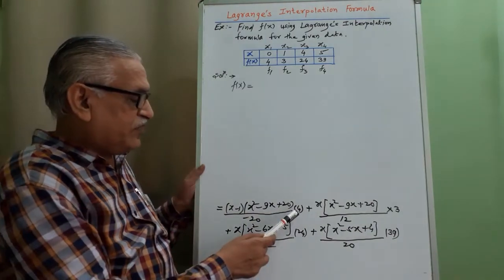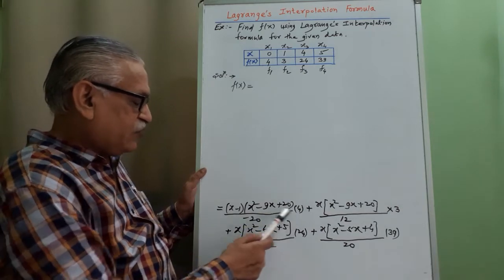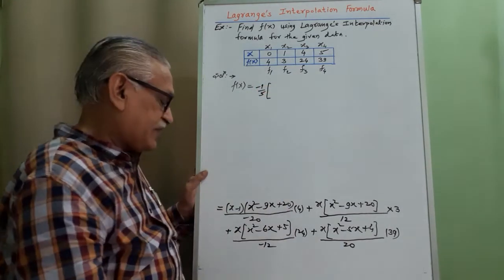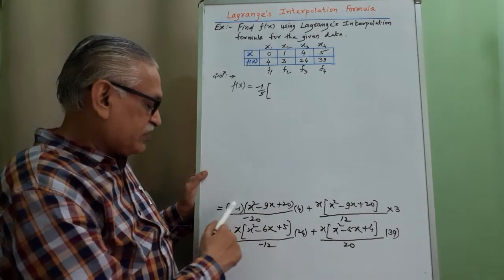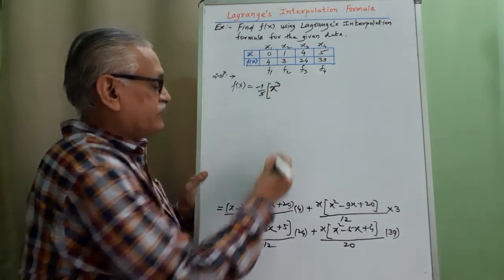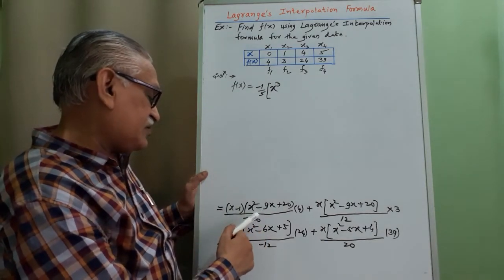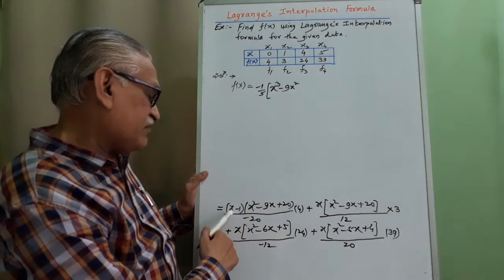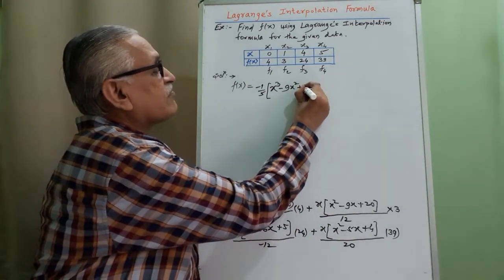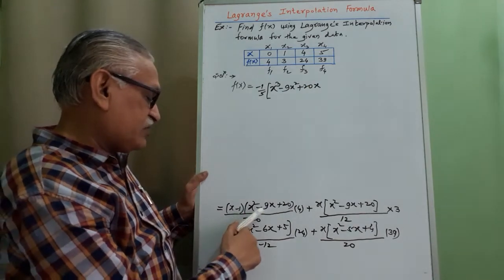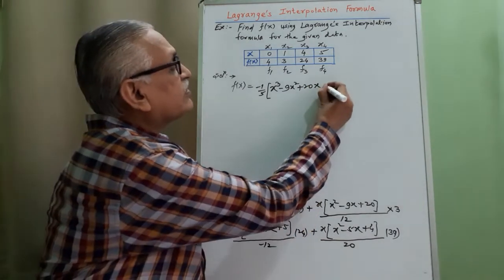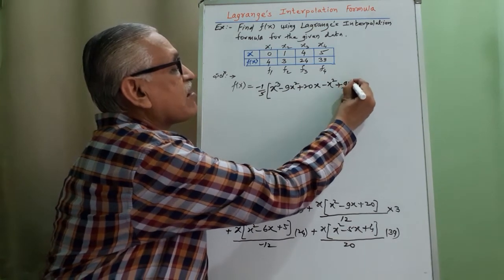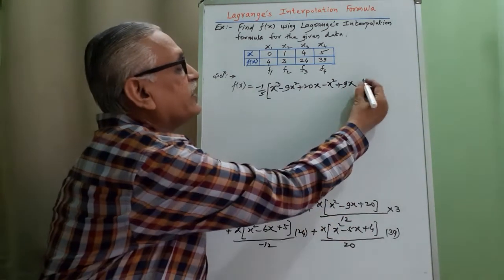We get, simplifying further, it is 4 divided by 20, 4 5s are 20, therefore it is minus 1 by 5 multiplied by taking a term by term product, x into x square we get x cube, then minus 9x square, then plus 20x, then multiplying by minus 1 inside we get minus x square, then plus 9x, and minus 1 into plus 20 we get that product as minus 20.